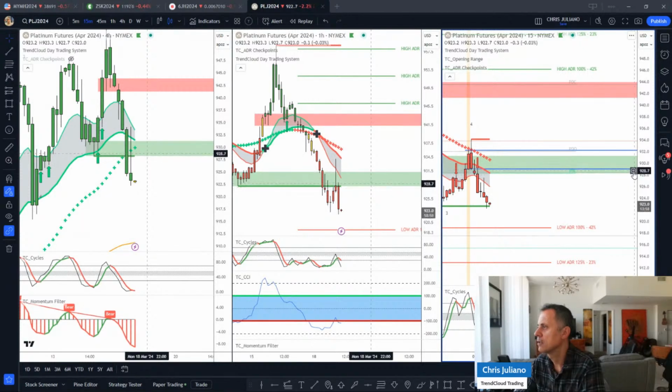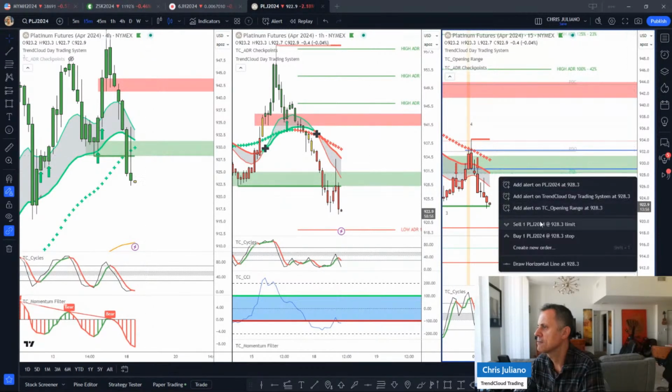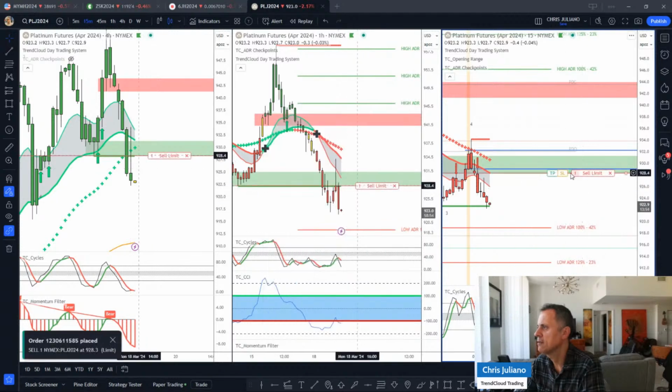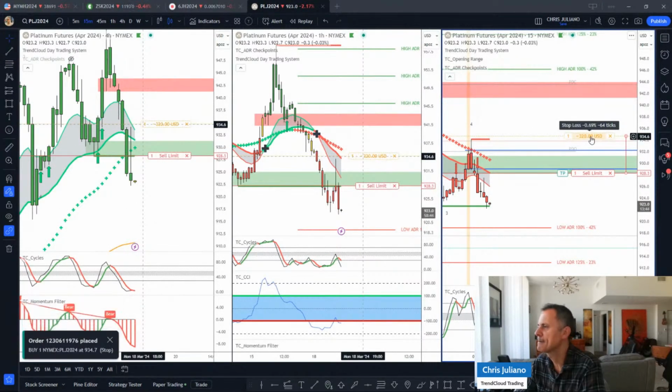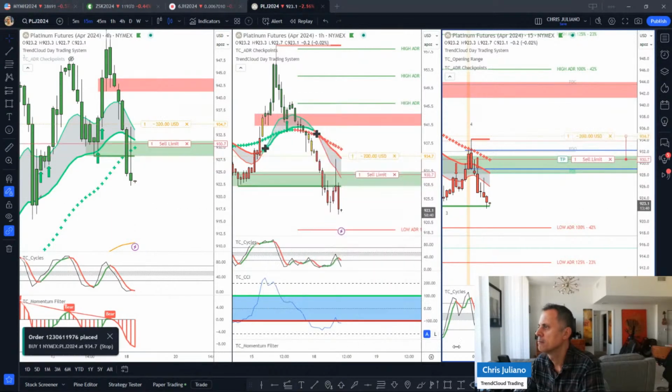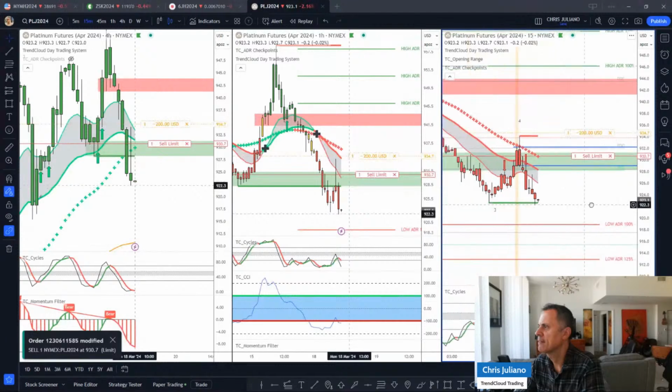Okay. Retest of that opening range on platinum to the downside. Little expensive, right? How about the middle? We'd have to do something like that.